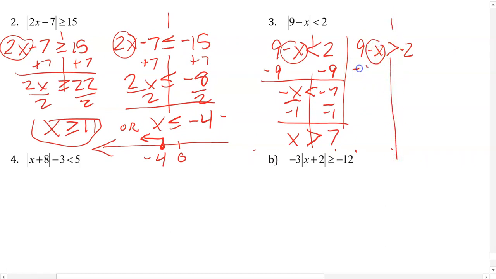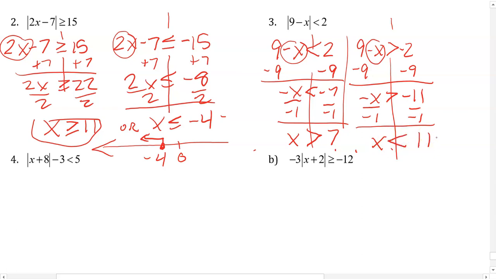Now I need to subtract 9 from each side. So negative x is greater than negative 11. I'll divide each side by negative 1. So positive x is then less than positive 11. So on a number line, this would be the values of x between 7 and 11.